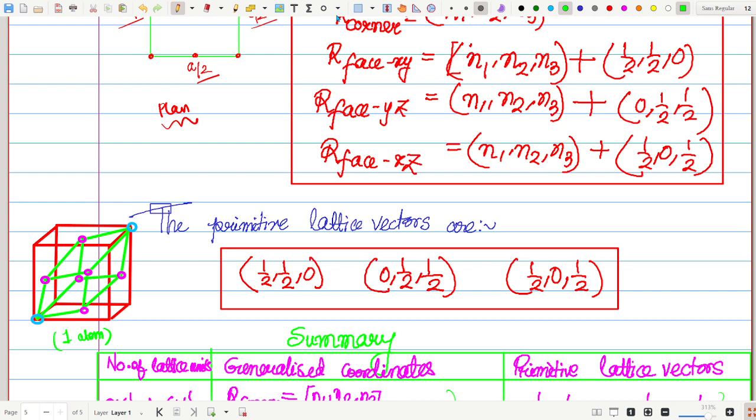And given the primitive lattice vectors, you should be able to clearly draw the primitive unit cell and say why it is a primitive unit cell, because effectively it has only one atom or one point inside it. So the red cell is the FCC unit cell, green cell is the primitive unit cell.